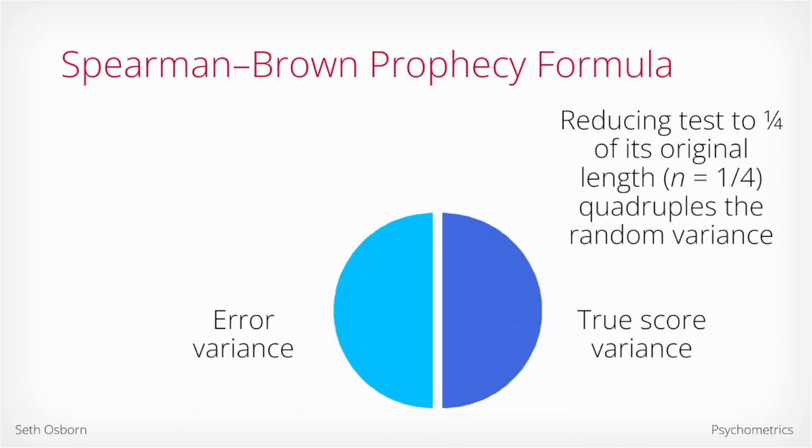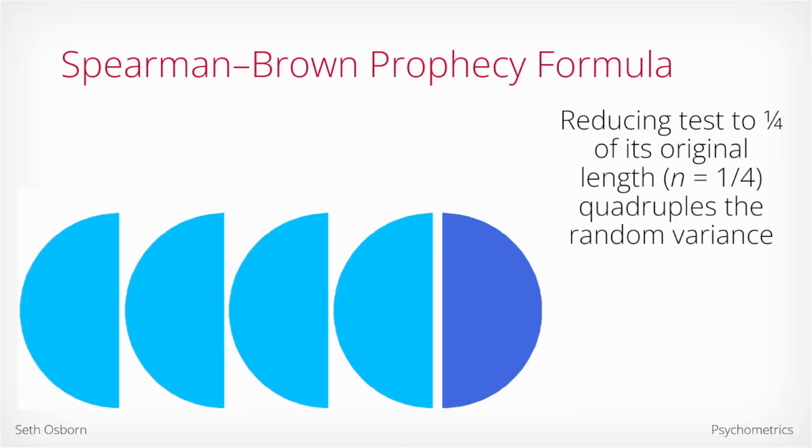Cool. Now, here's a fun idea. What if instead of increasing the test length, we decreased the test length? What would happen? Doubling the test length cut the error variance in half. So cutting the test length down to 1/4 of its original length would do what to the error variance? It would quadruple it.